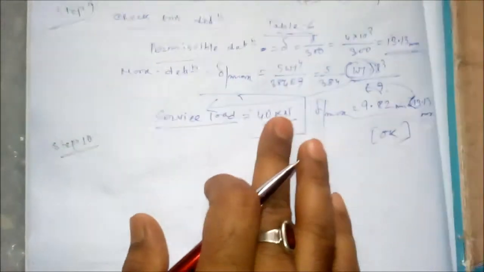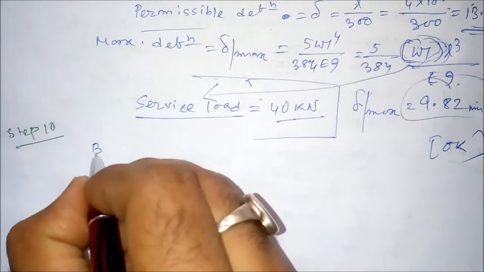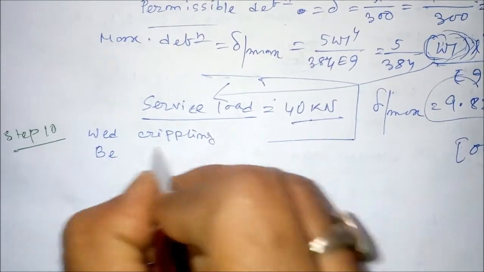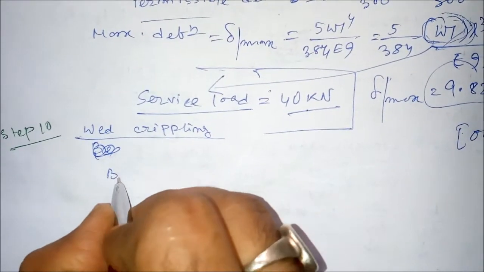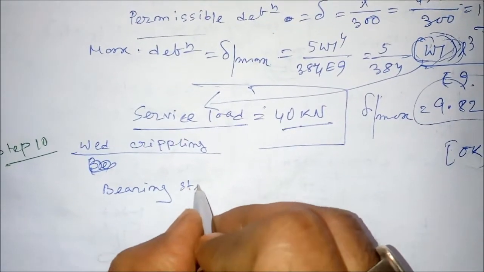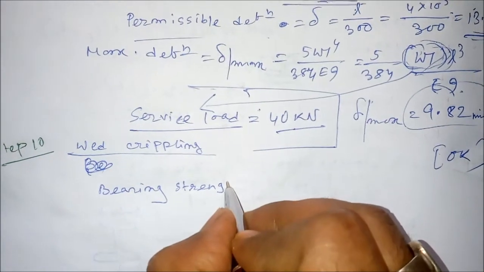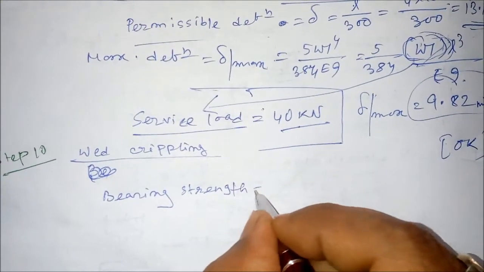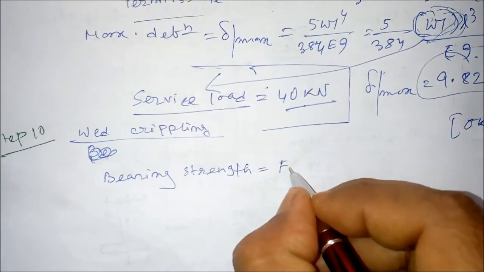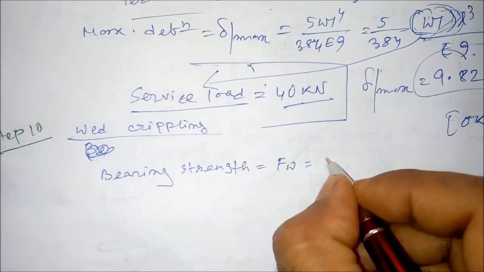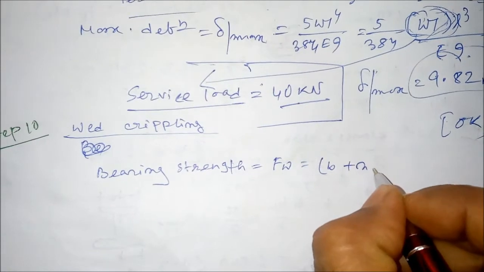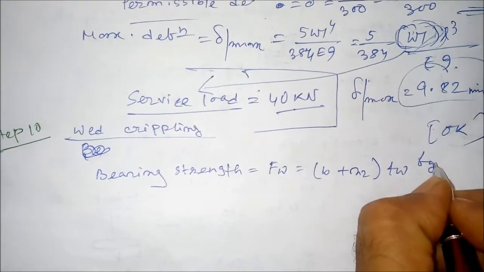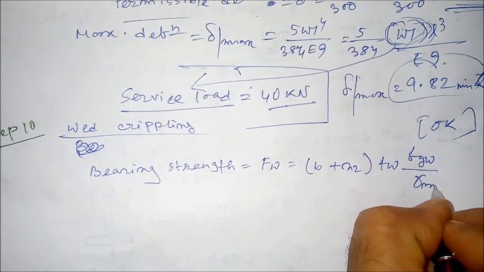For web crippling we can find out the bearing strength. Check for web crippling, the bearing strength Fw will be equal to (P plus N2) divided by Tw, Fyw divided by gamma m0.